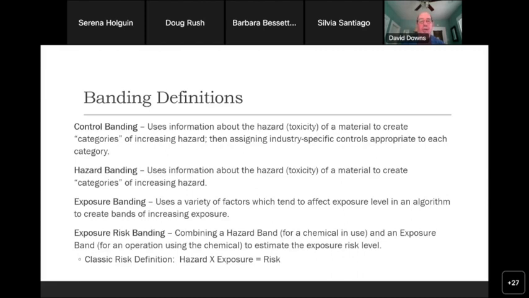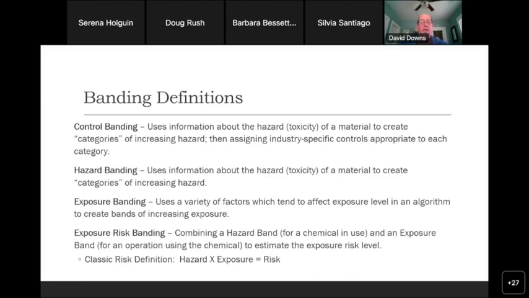And then finally, we'll talk about exposure risk banding, where what we're doing is really putting together both of those approaches. So we're combining a hazard band for the chemical that might be in use and an exposure band for an operation using that chemical to estimate the exposure risk level.